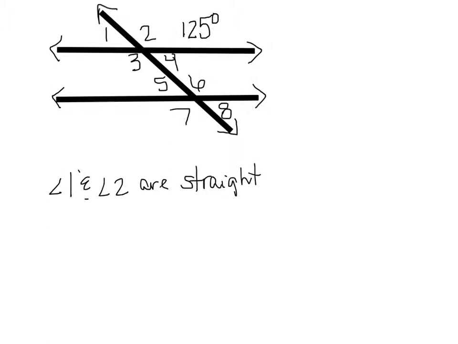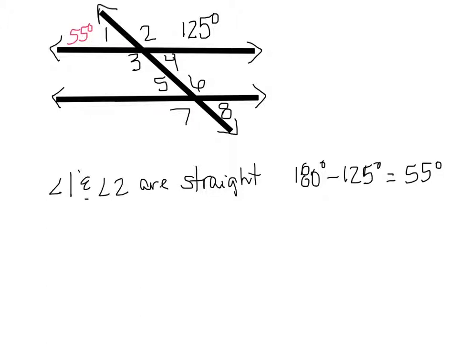So to find the measure of angle 1, I say 180 degrees minus 125 degrees. And what did you tell me you get? 55 is correct. So now I know that the measure of angle 1 is 55 degrees.